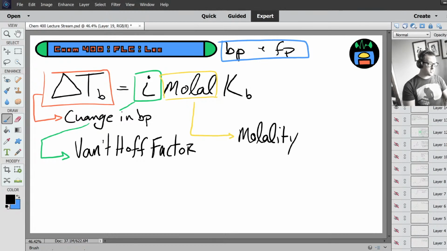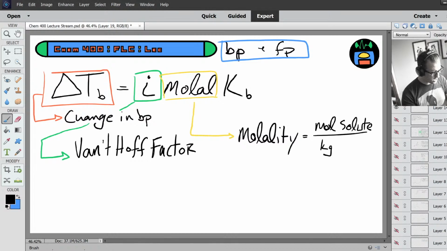It is a new concentration unit. It equals the moles of solute over the kilograms, not of the solution, but of the pure solvent. All right?